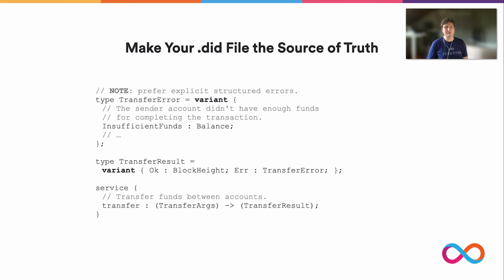One question you might have is, okay, I have this handcrafted Candid file, which looks very nice, and I have my canister written in Rust. How do I make sure that my interface agrees with my implementation? This is a very good question. My answer is you can use Candid tooling, which is pretty good, but it needs some assembling right now. The Rust SDK provides macros that you can put into your code, and the library will generate your Candid interface for you.